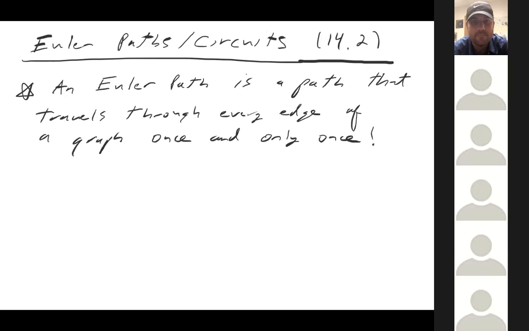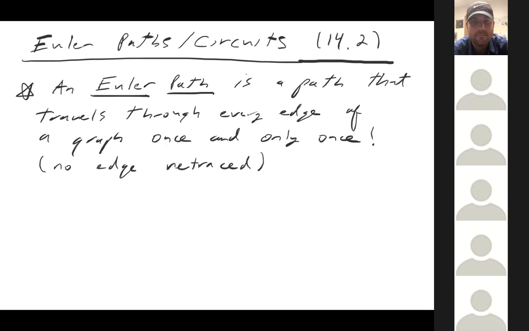Okay. So as we also know, each edge must be traveled and no edge can be retraced. So that's just true of a path, just reiterating that. Okay, so that's an Euler path. So we'll first introduce that. It's a path that travels through every edge. So it's basically a path that hits every edge.